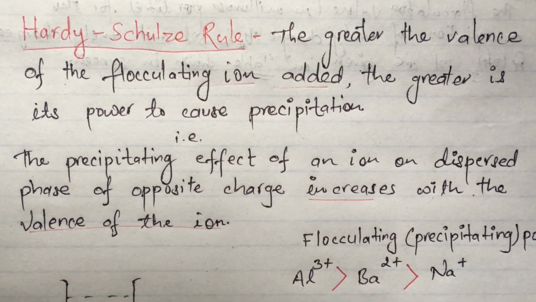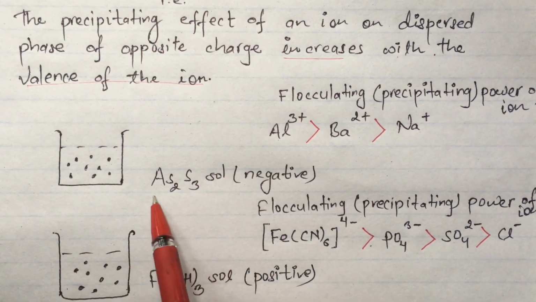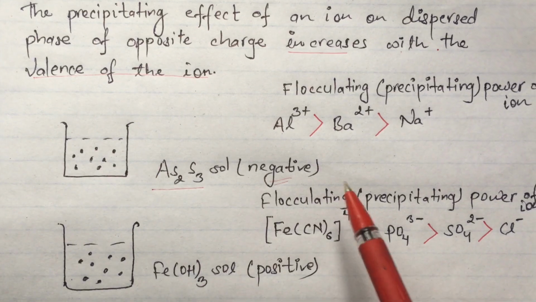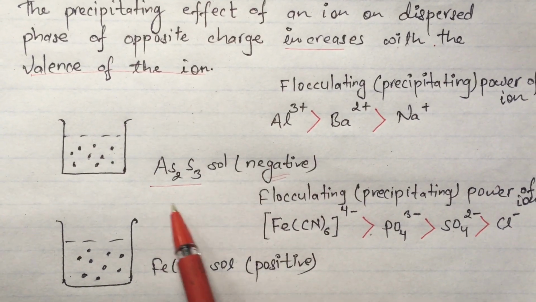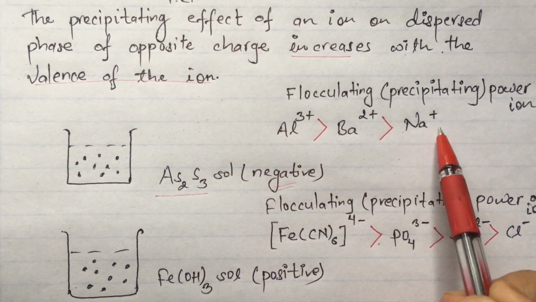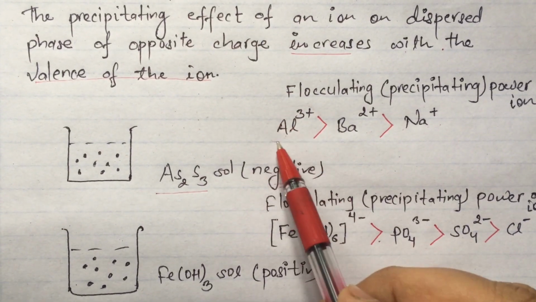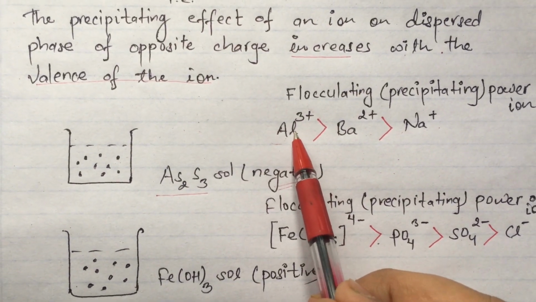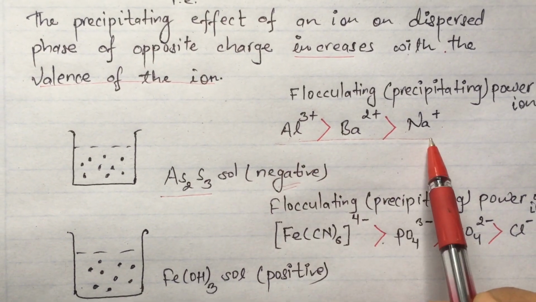For example, we have arsenic sulfide sol, which is a negative sol. In the coagulation of negative sol, the flocculating power of ions is in the order of like this. The higher the valency, the greater the flocculating power of these ions. So the order is like this.